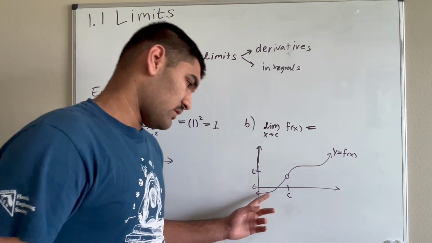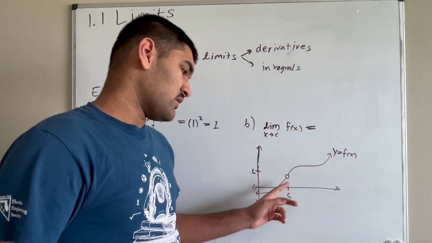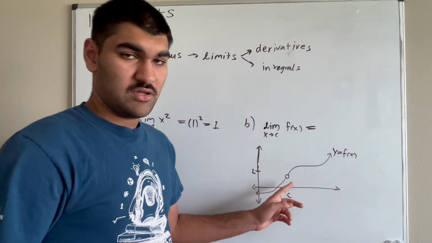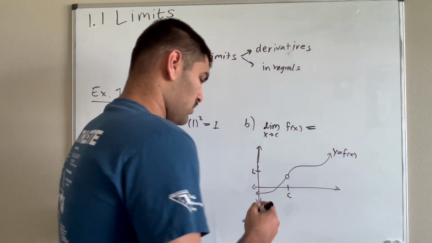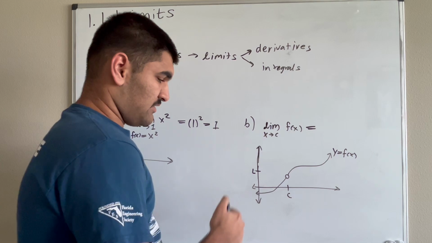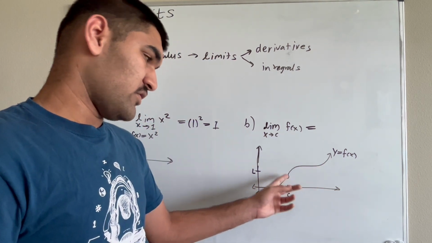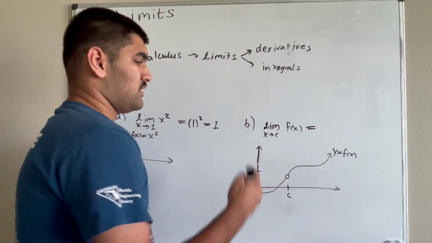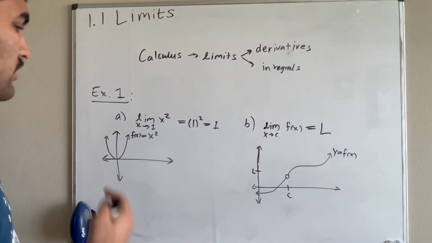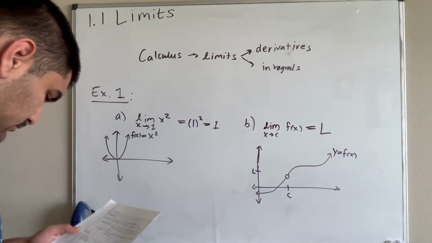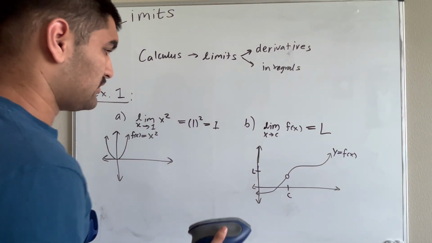Approaching c from the left-hand side, we notice that the function value gets closer and closer to L. It's not defined at c though, because there's a point discontinuity, but it's getting closer and closer to L. So the left-hand side limit is equal to L. Now if you approach it from the right, we also notice that the function value is getting closer and closer to L. Therefore, the limit as x approaches c of f of x is equal to L. All right, cool. So this is basically evaluating limits graphically.